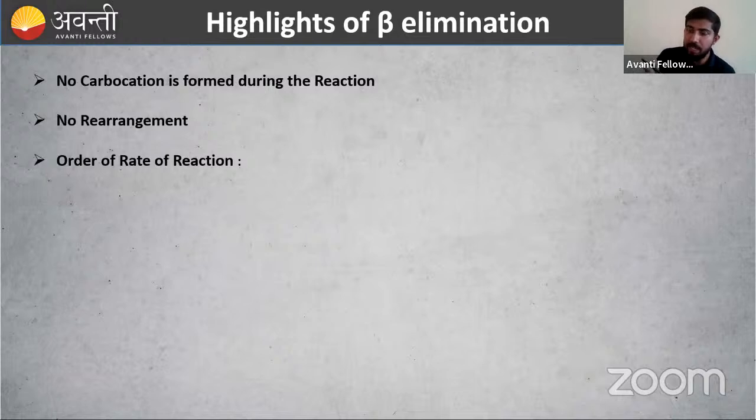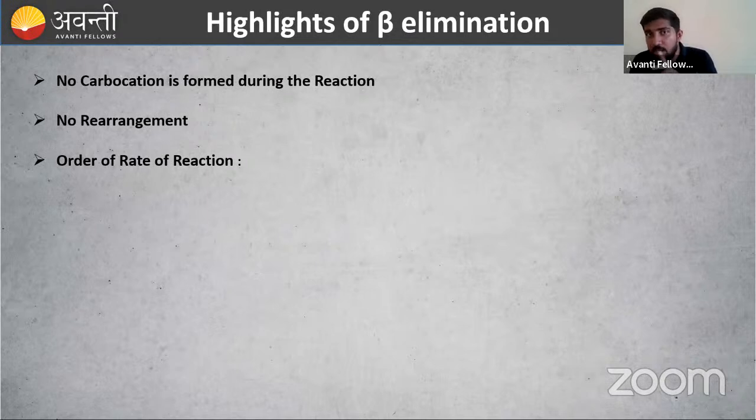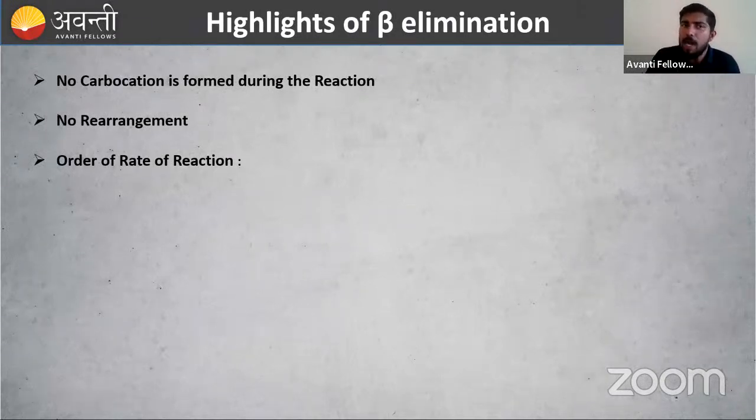Tertiary is the most stable. If a primary carbocation is formed, then the system will try to convert it to a tertiary carbocation. So, a very important point: if a carbocation is formed, we have to check the possibility of rearrangement. If some rearrangement takes place, will it be more stable than our initial intermediate? Okay, so in this reaction, no carbocation is formed. So no rearrangement, we can directly write the product based on the Saytzeff rule.